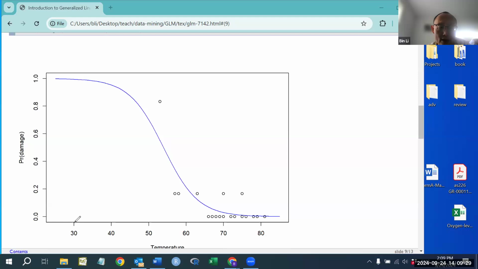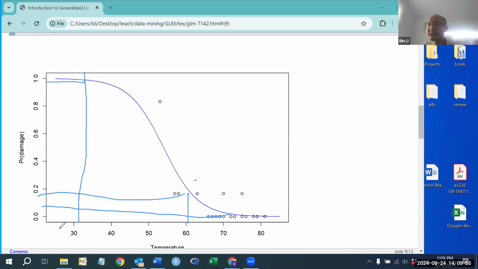When the temperature is 31, it is somewhere around here. The probability of getting a damaged O-ring is almost certain. But when the temperature is close to 60, it's less than 20%. And when it's over 70, it's even less than 10%. Okay, so that's the temperature effect. The lower temperature actually makes the probability of having a damaged O-ring higher. So that's how you interpret it.